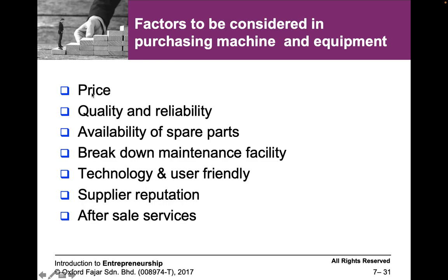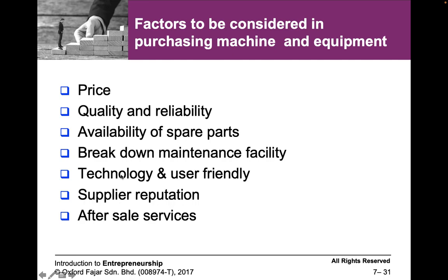Take a look at the price, whether it is affordable or not, within the budget of the company or not. And how about the quality and the reliability, can it be used for a longer term or not? And then how about the availability of spare parts? It is very difficult for us to get the spare part of the machine in case of a breakdown of the machine, for example. And then how about the breakdown maintenance facilities? Is there anyone that can help to repair the machine?